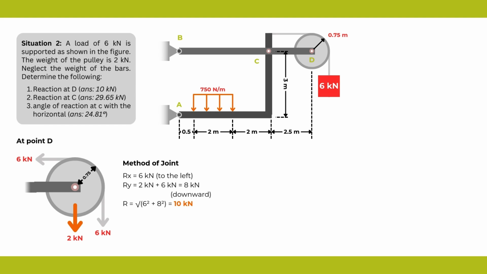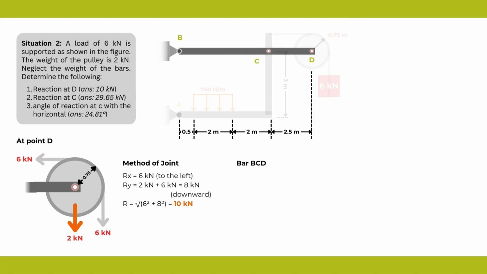For the next unknown naman, in order to solve for this, need muna natin i-separate yung bar BCD and right angle bar AC into different force equilibrium systems, since yung na-experience sa hinge at C is internal force. And to start our solution, observe muna natin yung bar BCD and try natin i-apply lahat ng possible force equations.